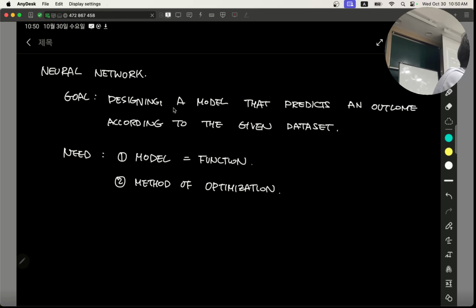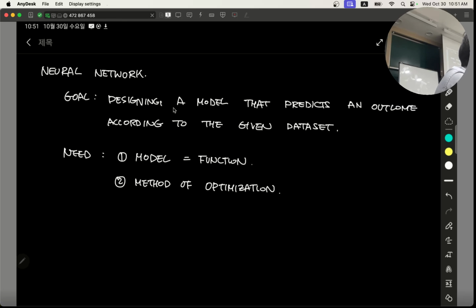However, you can't just randomly choose any function so that your model works best for your purpose. You cannot just say y equals x for any random purpose, right? So you have to have a method of optimizing your model. So what do you optimize here? What can you change?